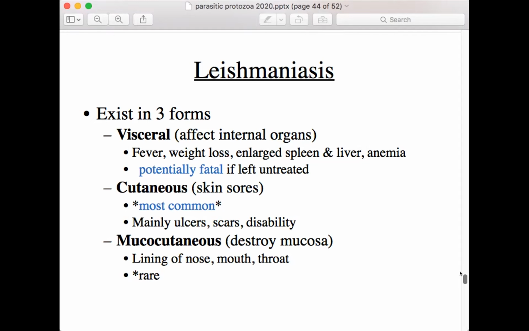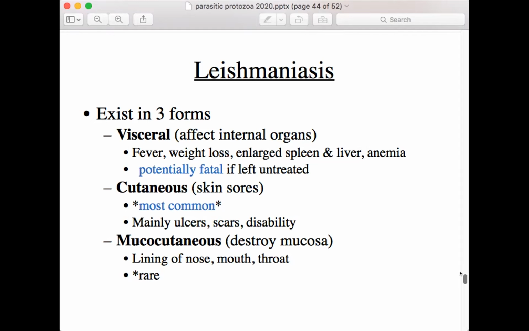Mucocutaneous leishmaniasis is one of the least commonly observed forms of the disease. It does attack your mucosa, so we're talking about the linings of your throat, nose, and mouth. It can destroy mucosa. We don't see this very often in populations.